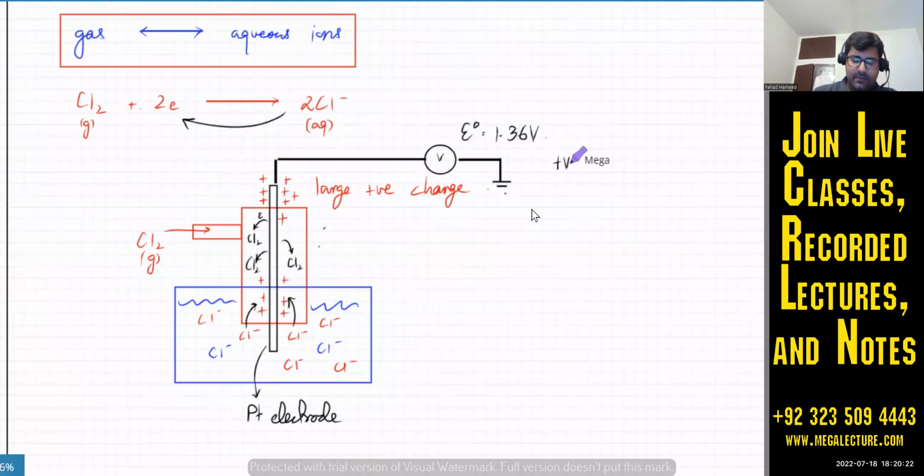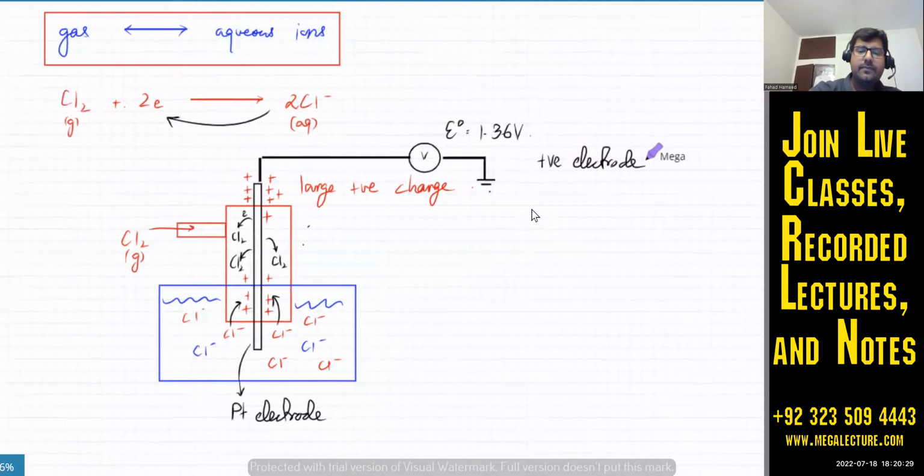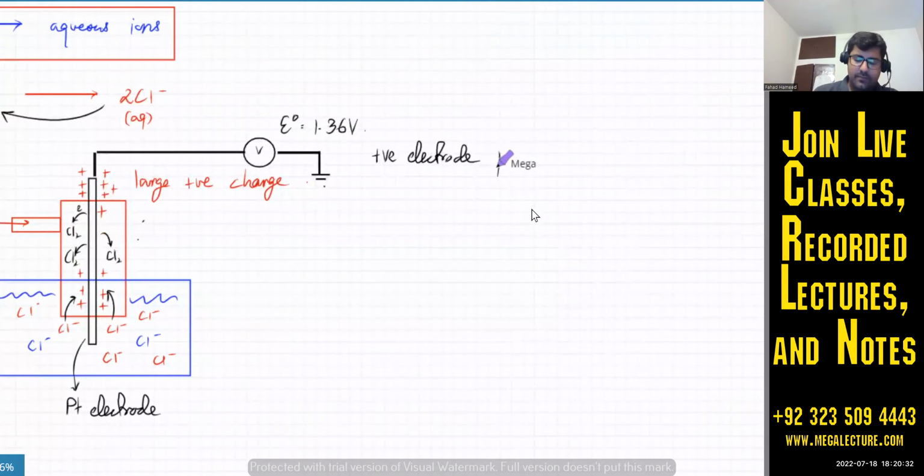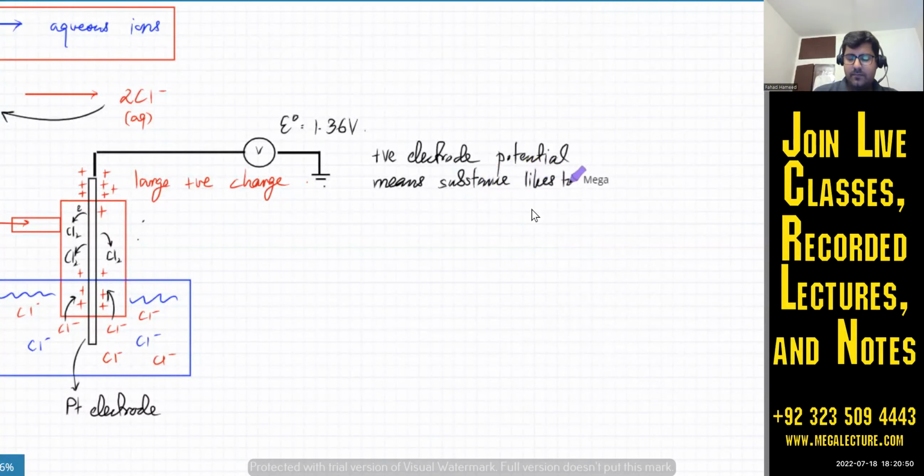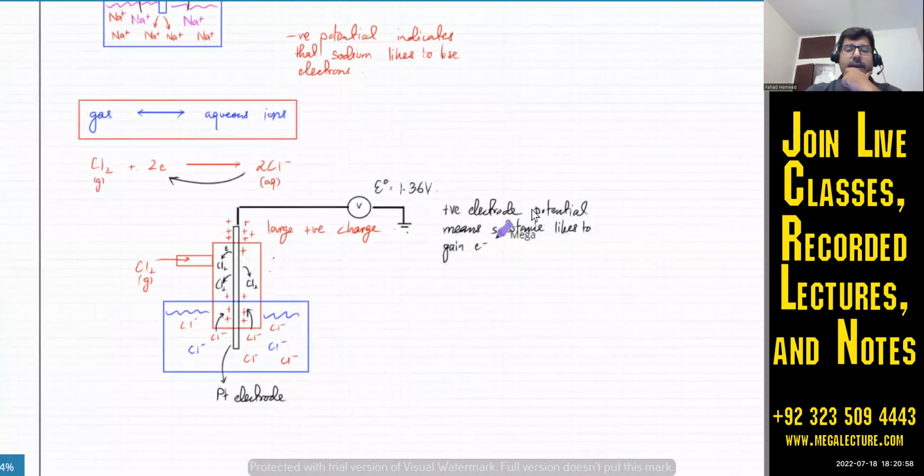Positive electrode potential means that the substance really likes to gain electrons. That is what is meant by a positive potential.